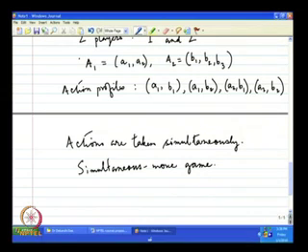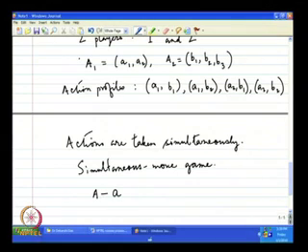This is one way of looking at strategic form game. Another way of looking at strategic game is not to visualize that the actions are taking place simultaneously, but to say that it is possible that the actions are occurring one after another. Suppose here A is taking an action, here B is taking another action.